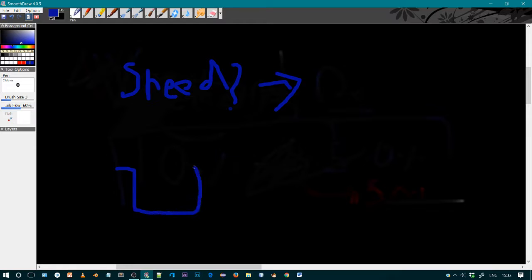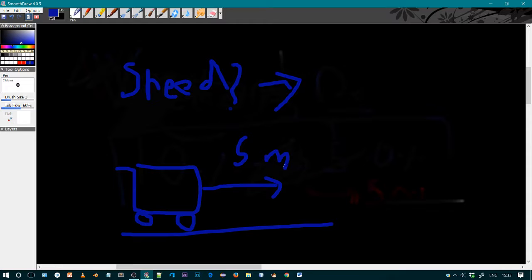If a car is moving in this direction at a speed of 5 meters per second, and you say, ma'am, the car is traveling at 5 meters per second, you don't know whether the car is traveling left or right, but in reality the car is traveling right.